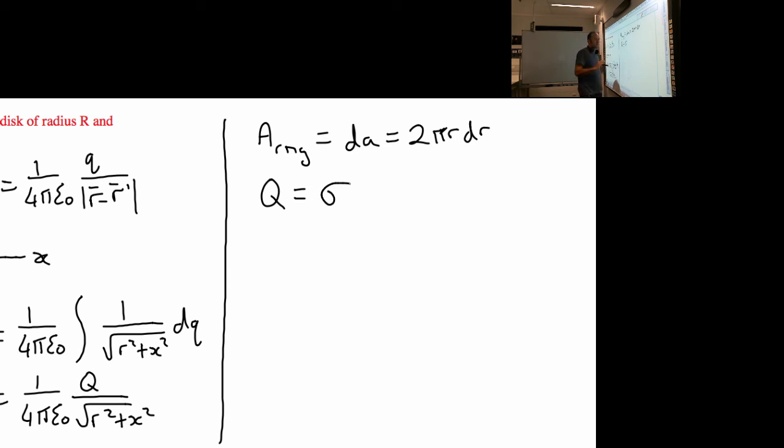Since the area of our ring is only a part of the area of the complete disk, we can write dA equal to 2 pi r dr. So our total charge on the ring, which we previously called Q, is now equal to sigma, the surface charge over the disk, times 2 pi r dr. Now we must integrate what we had before between 0 and R.